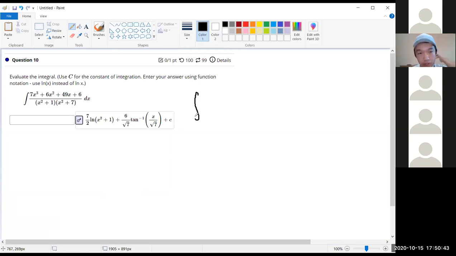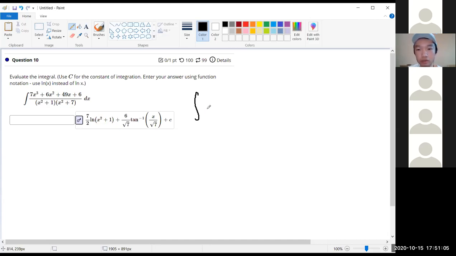Actually, you don't, because the degree on top is 3, and the degree on the bottom is 4, because you have x squared times x squared. So the degree on top is less than the degree on the bottom.